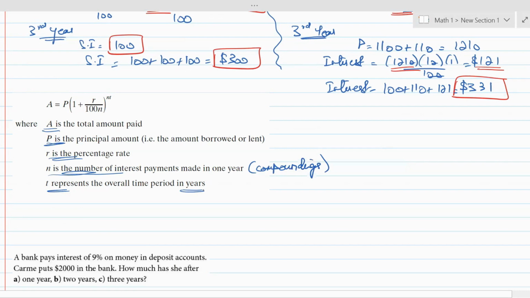Okay. And if you have to calculate the interest in the end, this was the formula for the total amount. But if you are interested in calculating the interest amount only, interest would be simply the difference of the total amount minus the principal.